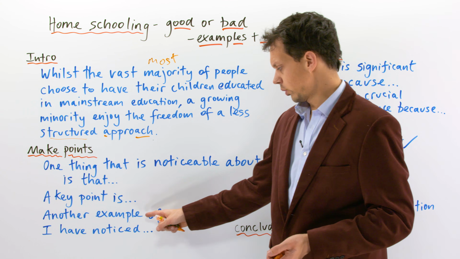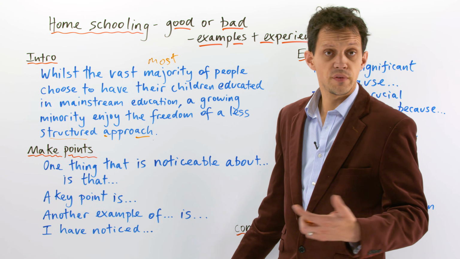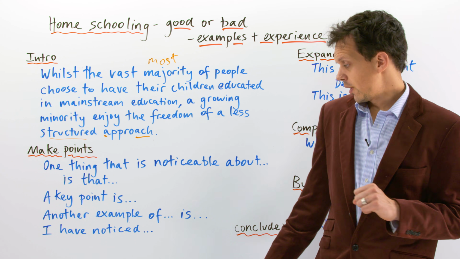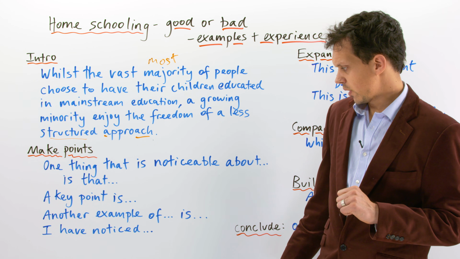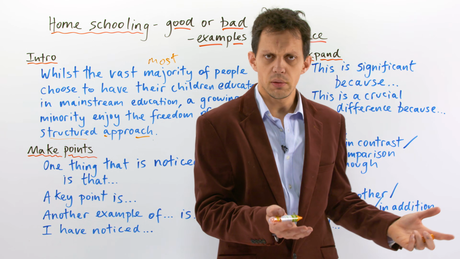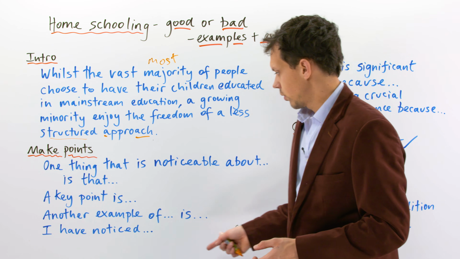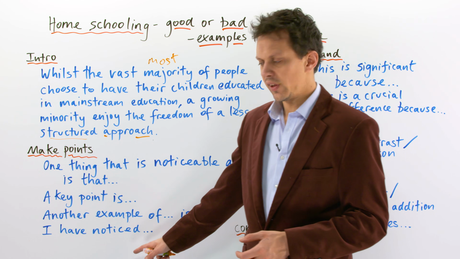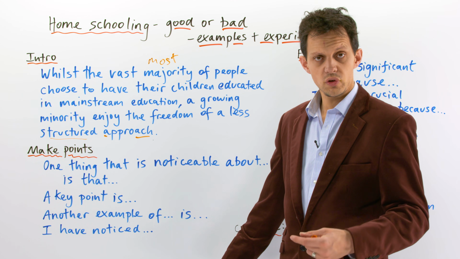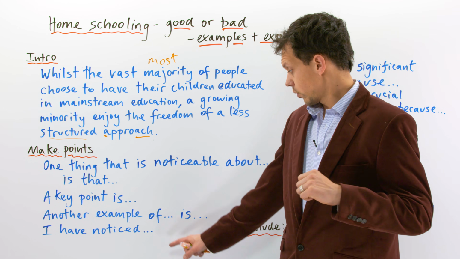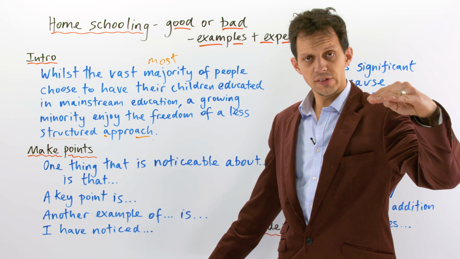Another example of an advantage for home education is that there are lots of resources available, perhaps. I have noticed that in government schools the standards of education are rising.